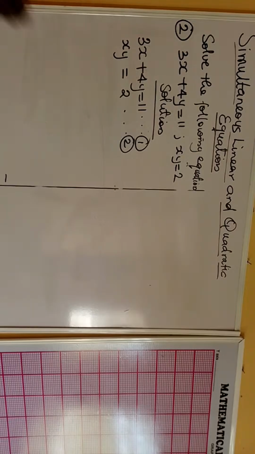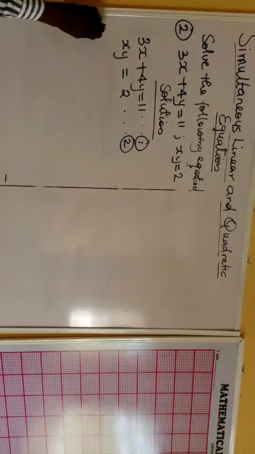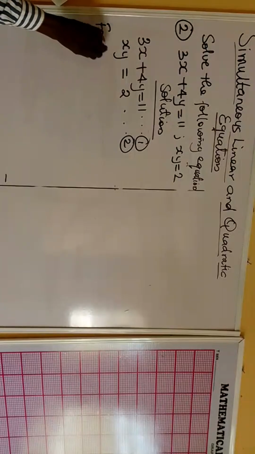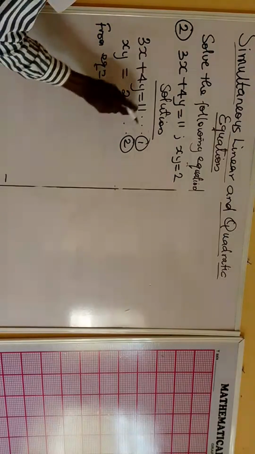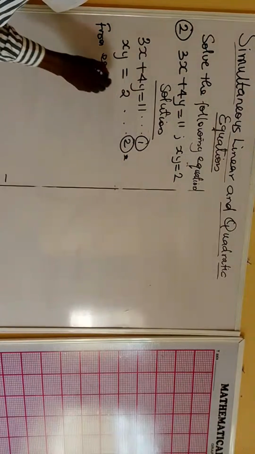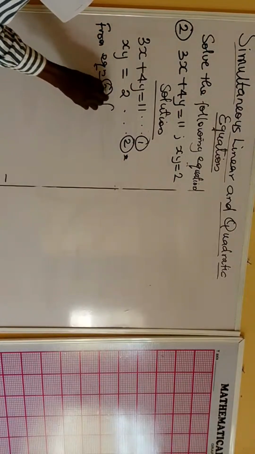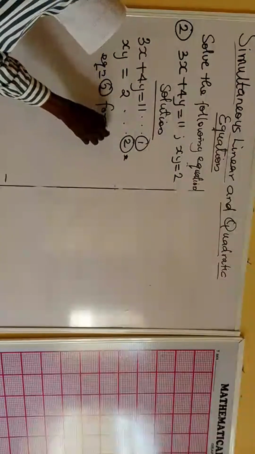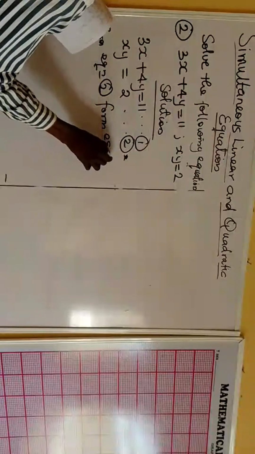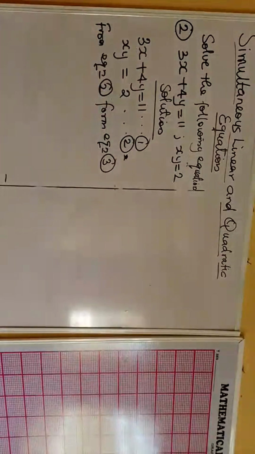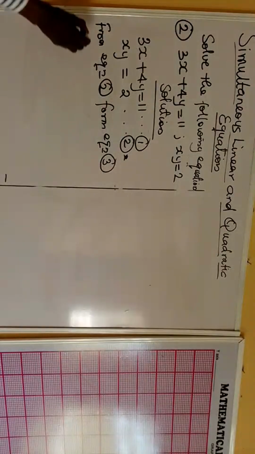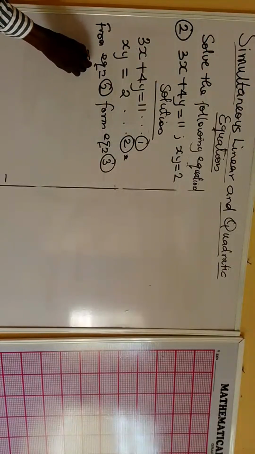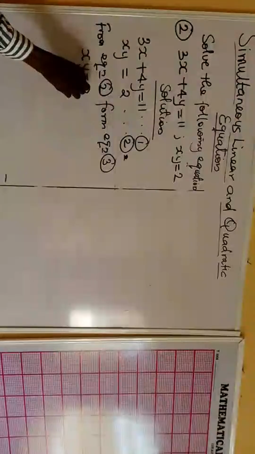Let me go from equation 2. I'll now say from equation 2, take note, let us now form equation 3. Now what is equation 2? It said xy is equal to 2.